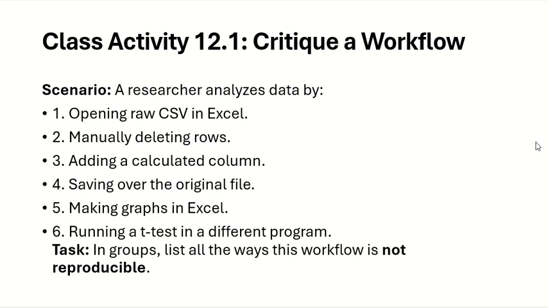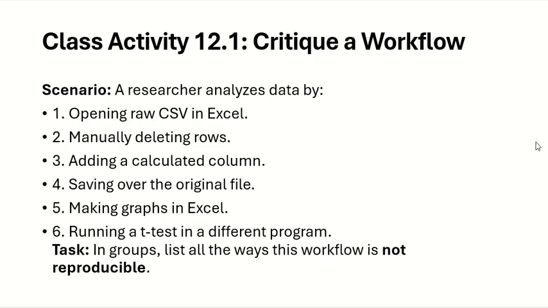So he made another file. Now he is doing everything in that file. So his raw data is saved. Anybody can have a look at his raw data. What else should he do? So he is adding a calculated column, right?